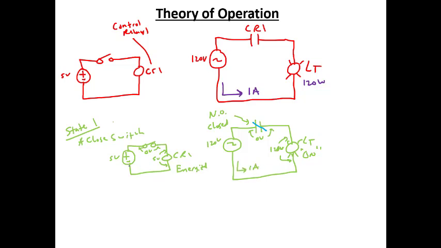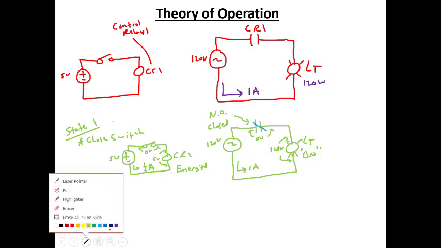The current in the coil circuit would be dependent on the coil. Usually this would be somewhere around a 1/2 amp or something like that. So it's not a lot of current, maybe a 1/2 amp to energize the coil, or less, depending on how big this electromagnet is.